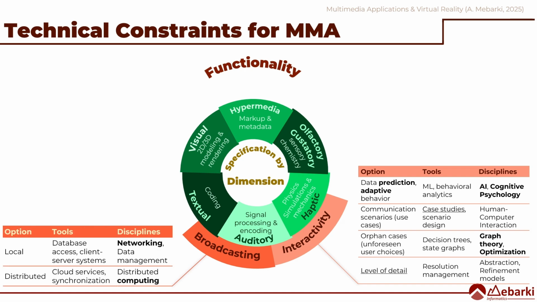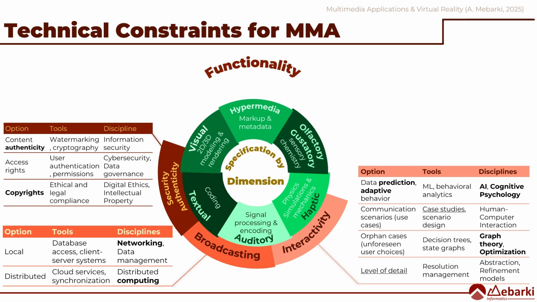Broadcasting, meanwhile, defines how data is delivered, whether locally through client-server systems or across distributed cloud networks. Security and authenticity are equally essential. They ensure that digital content remains trustworthy and protected through techniques such as encryption, watermarking, and digital rights management.